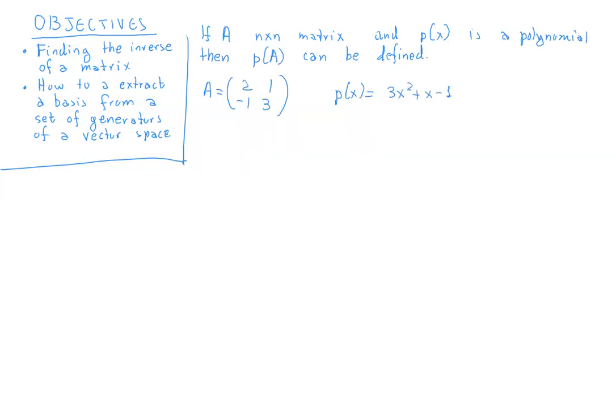Then you could take P of A to be 3 times A squared plus the matrix A. And anytime you have a constant, actually, let me make my constant 4 so that it's a little more interesting. So I'm sorry for the mess. Let me make this 4, and you will subtract 4 times the identity matrix. And this will be P of A. Okay?